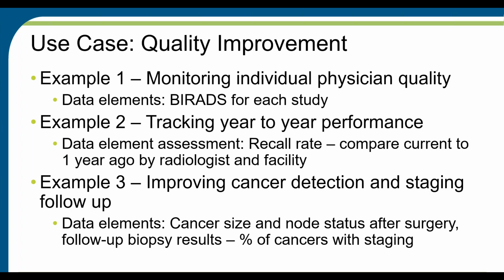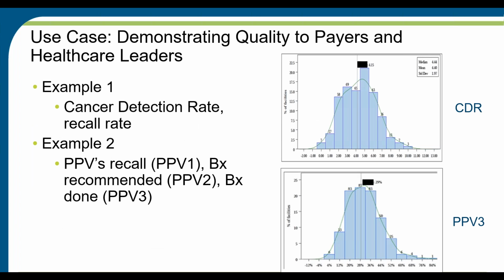Next slide, and Rob. So these are examples of some of the graphs that come out of your report. There's a line in the center, which is where your facility falls, or if you're looking at the physician level, where your physician falls within all the other physicians. Are they an outlier or not? Cancer detection rate and PPV3 are the 2 we have presented. ACR has recommended ranges, and the Breast Cancer Surveillance Consortium also has published recommended ranges.